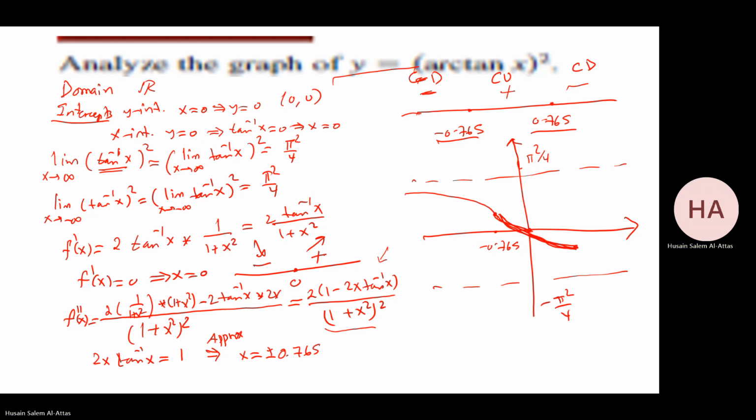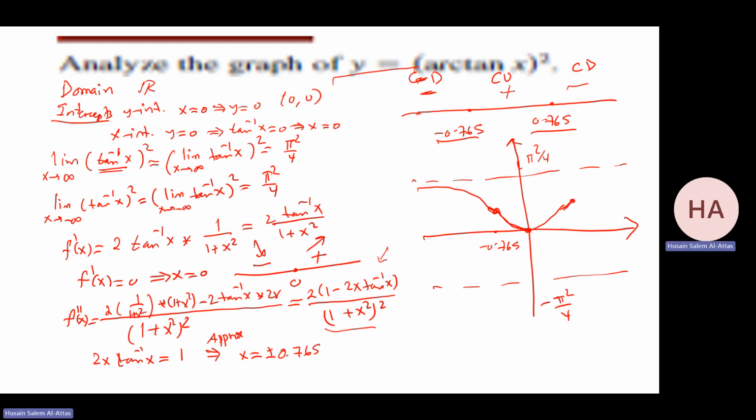Then it will, no, it will be increasing. Wait a minute. It will be concave down until here. Then it will be concave up. Yeah, here, still going down. Here it's increasing. So it will do something like this. It will be concave up until this. The value will be here.